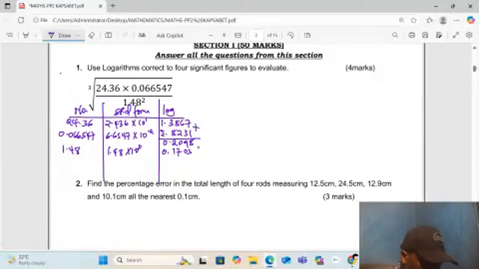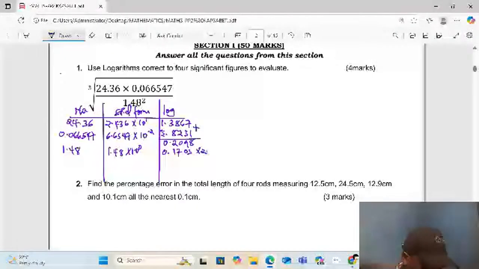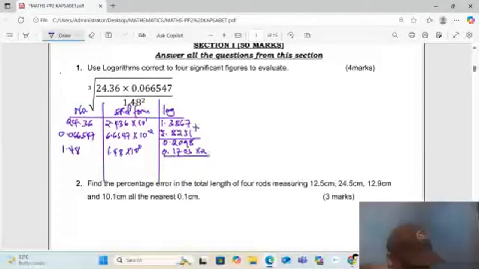But it is squared, therefore when we multiply by 2, we get 0.1703 multiplied by 2, we shall have 0.3406.